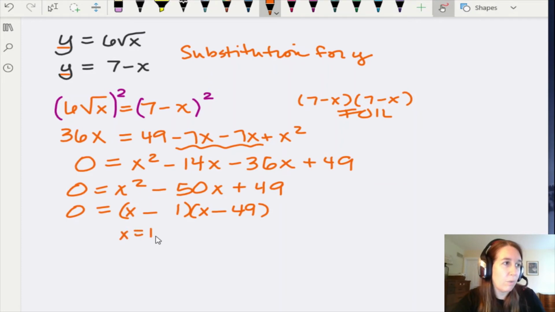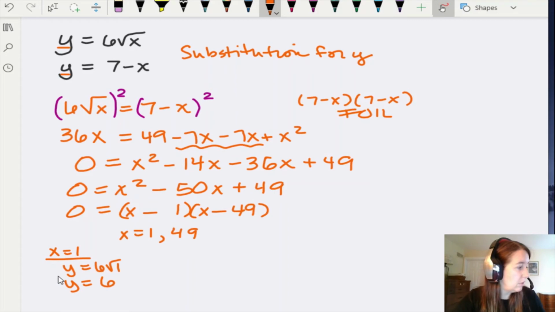X is equal to 1 or 49. Now let's put those answers back in to find y. If x is equal to 1, then y is equal to 6 square root 1. So y is equal to 6. So my one point is 1 comma 6.